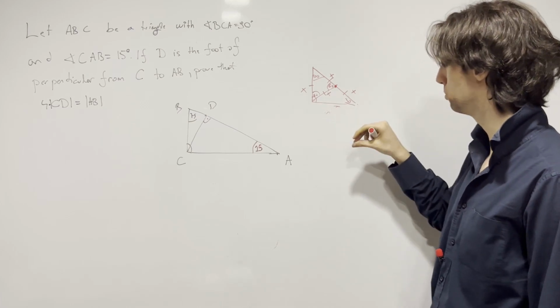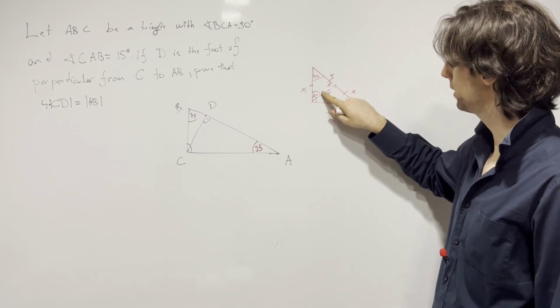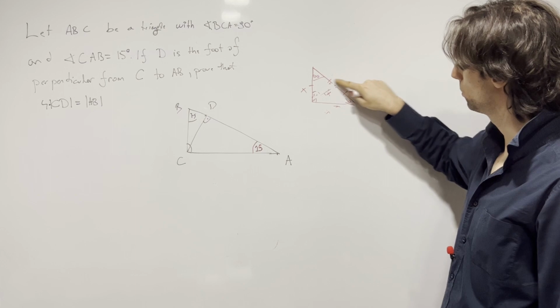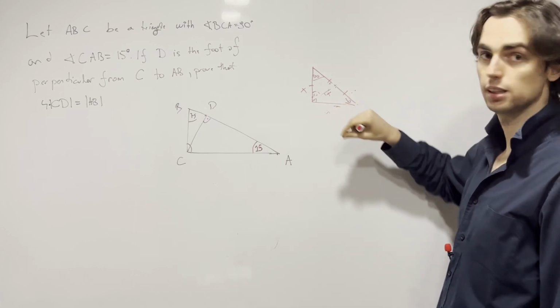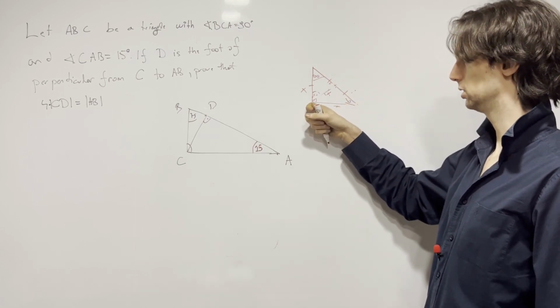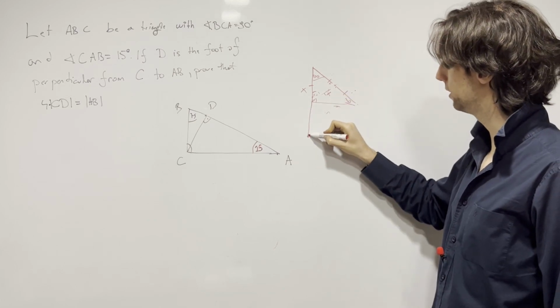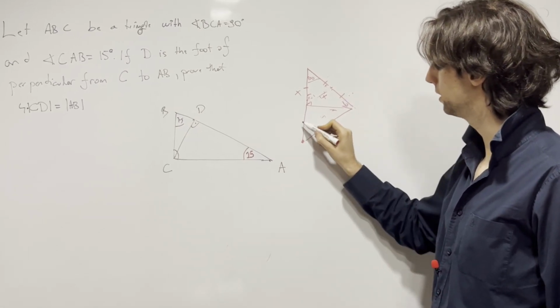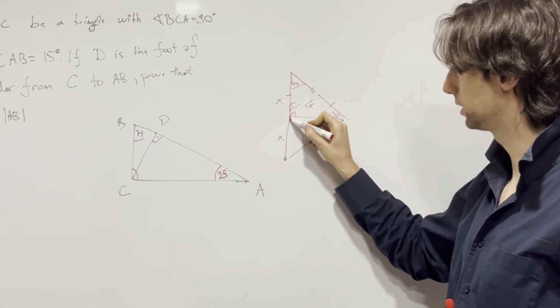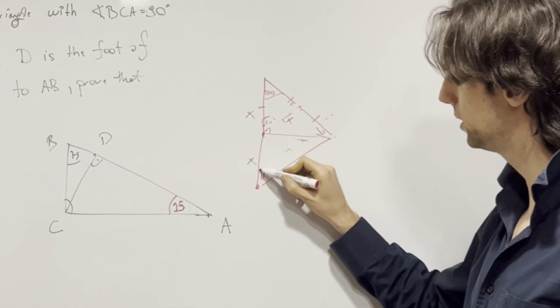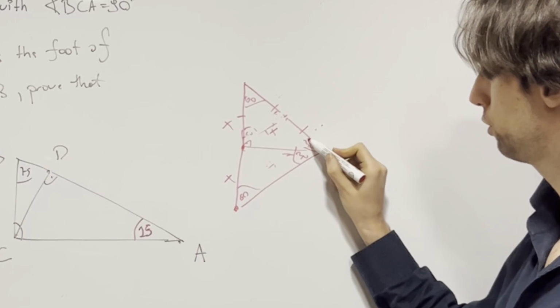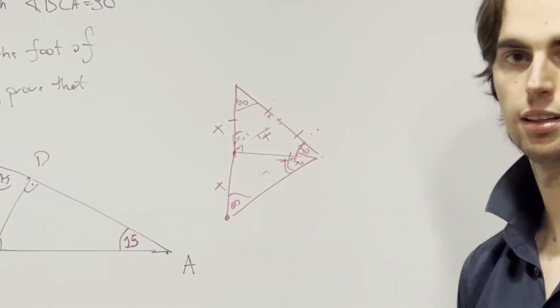And the other way to prove this is by reflecting this point with respect to this vertex here. And when I reflect it, if this is x, then this is x as well. Now I have this is 60, and because this is a reflection, this is all 30 and 30.